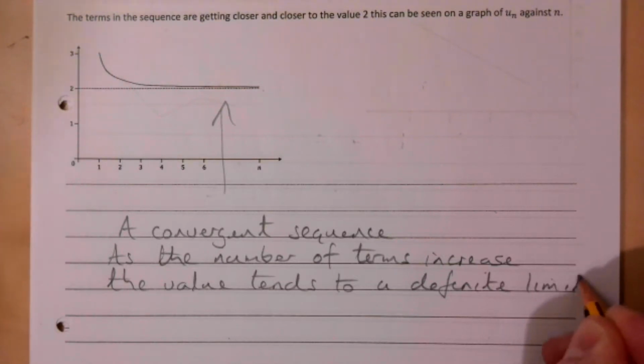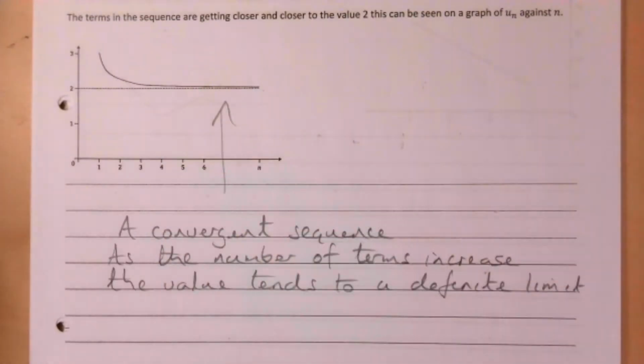And again, limit is a word that would be used a little bit concerning sequences as well. So it heads towards the limit, which of course is 2, gets closer and closer and closer to 2.